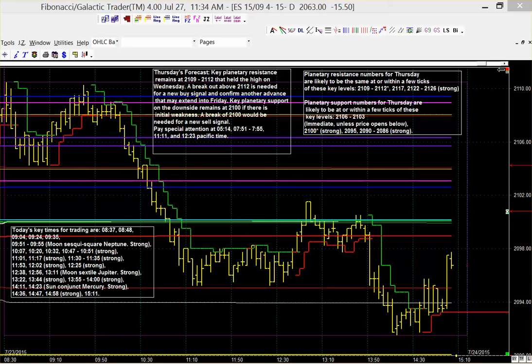I'm also using the Fibonacci Galactic Trader, and as you can see on your screen, there are different colored lines. These lines are support resistance lines based on the actual positions and harmonics of the planets. If you're using a different charting software program, they all include drawing tools, so you can put on a horizontal price line for support resistance, and you can add that to your chart on the daily support resistance levels I send you, and you can include those with your own that you calculate.